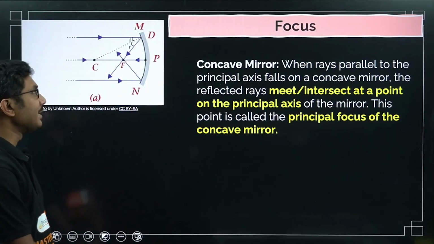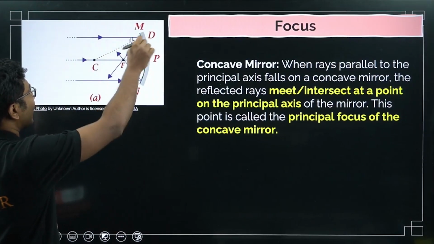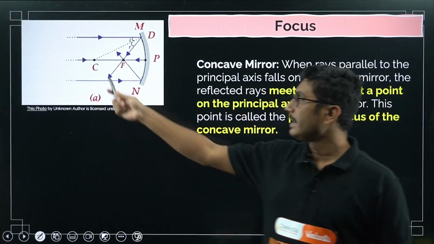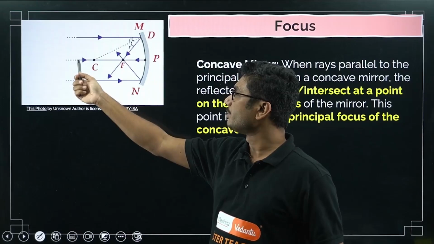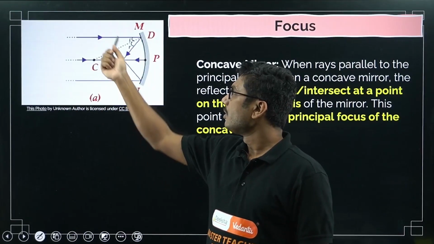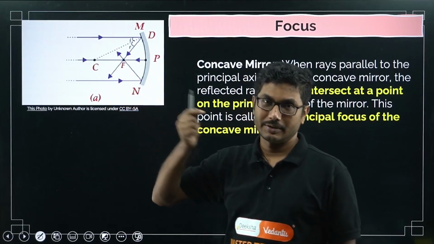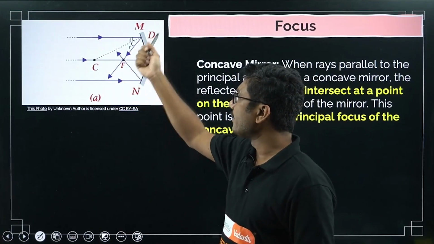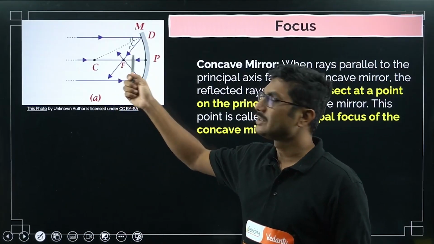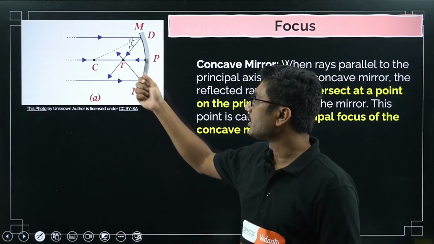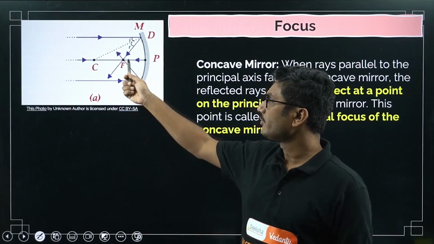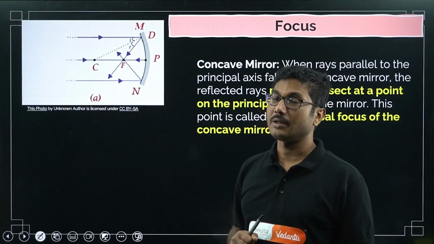Very important: rays that are parallel to the principal axis, after reflection, meet at a point. Every ray parallel to the principal axis always meets at this fixed point. This is called the focus of the mirror. This point is the focus of the concave mirror.